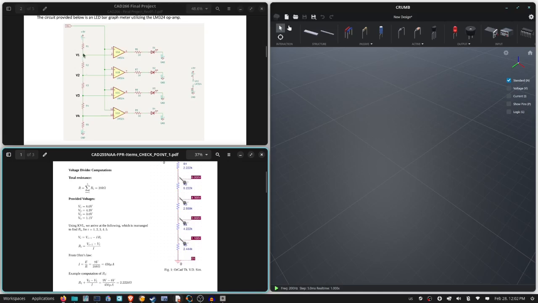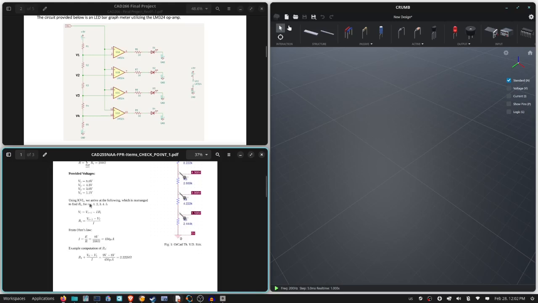That means we need to drop 3.7 volts over resistor 2 to get from 8 to 4.3. And then the same thing continues. You can see that from 0 to V4, we want 1.1 volts. So R5 needs to be a resistor that is capable of dropping 1.1 volts.